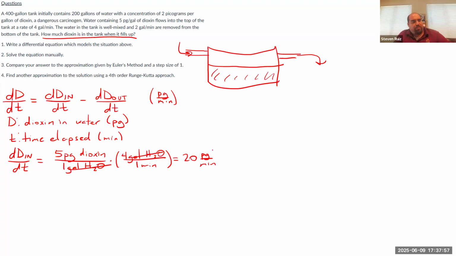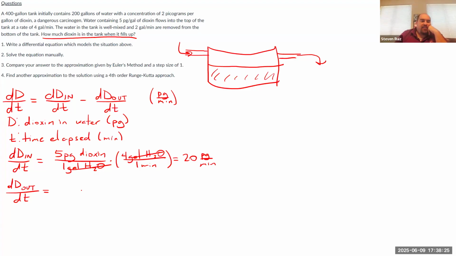All right. So what's leaving? So dD_out over dt. The water in the tank is well mixed. I don't know how much dioxin is in the tank at any given time, but that's okay because I have a name for it.